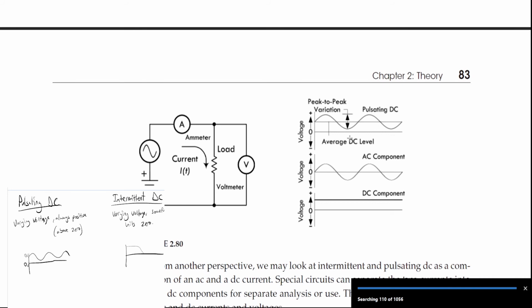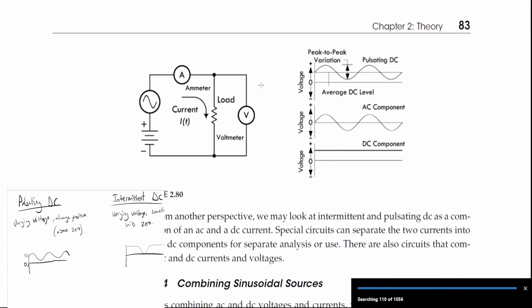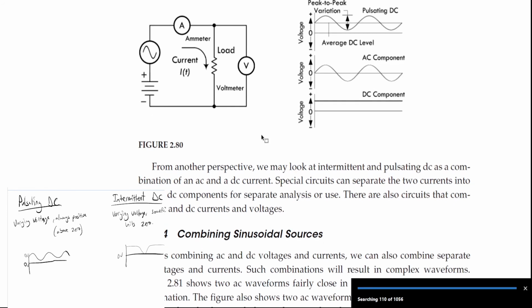I don't really know what it'd be like. Something like that, maybe. Anyways, it's fine. We'll leave it like that. I understand it. I don't know if I can draw it though. So from another perspective, we may look at intermittent and pulsating DC as a combination of AC and DC current.